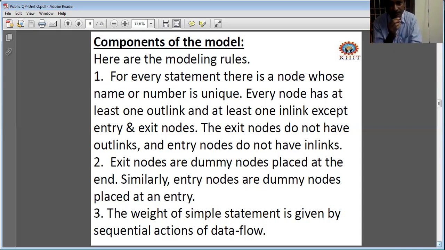The weight of a simple statement is given by sequential actions of data flow.